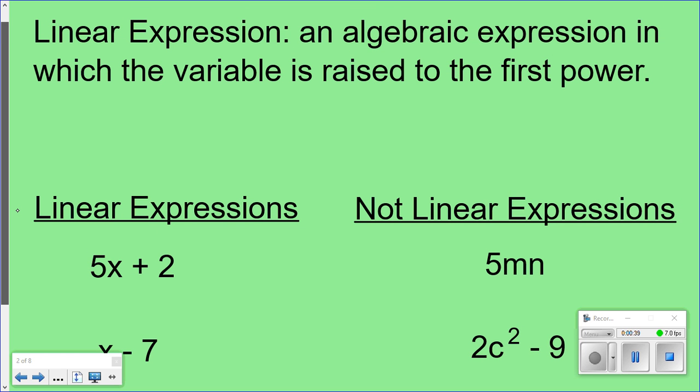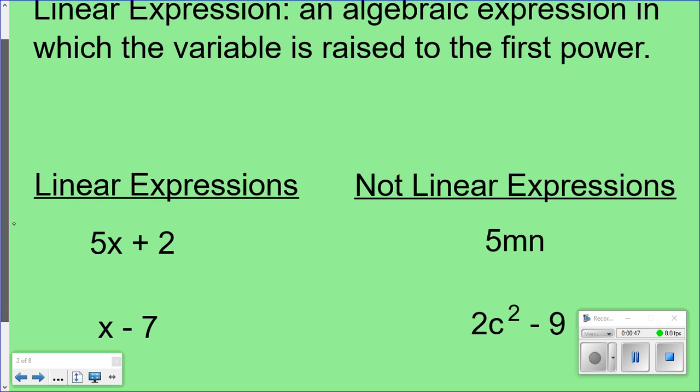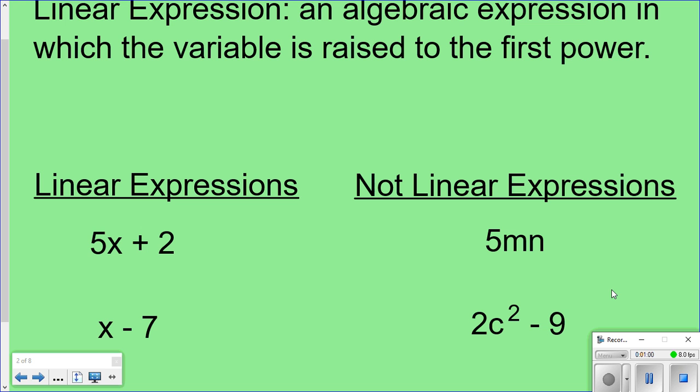But it's when the variable is raised to the first power, and usually there's most likely only one variable in there. So it's totally how you want to take the notes. If you want to write the whole definition, or write down what they are. There we go.